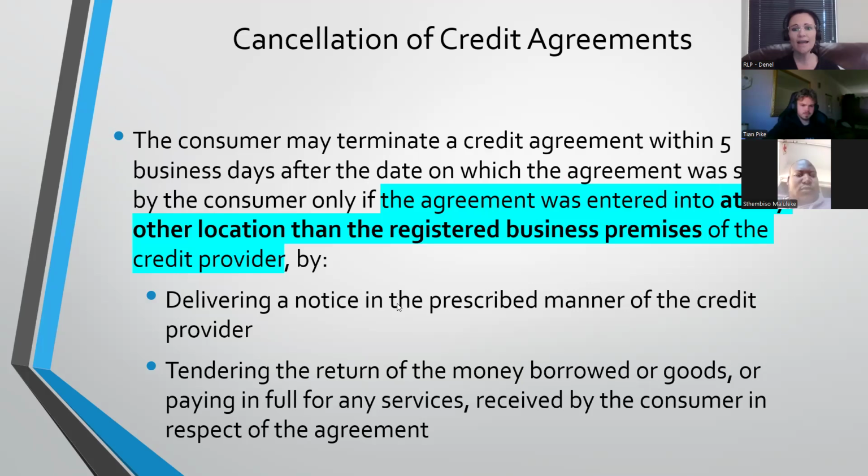Awesome. Okay, guys. And then when it comes to the cancellation of credit agreements, have you guys ever heard of the word rescinds? You heard about it? Okay, I just wanted to go check here and see if I can get you a textbook meaning. So it says to revoke or cancel.